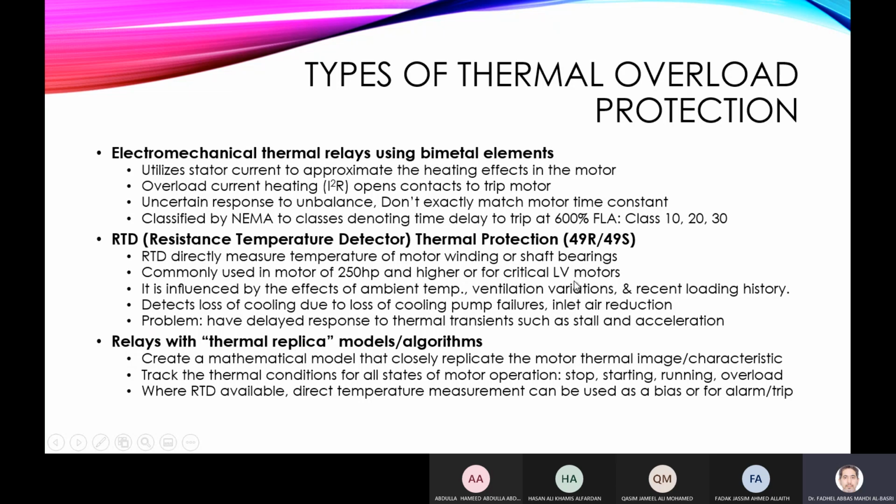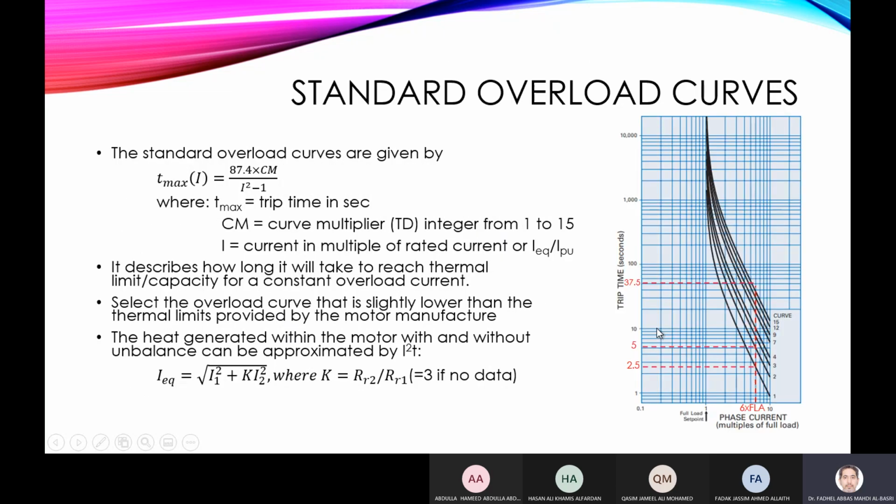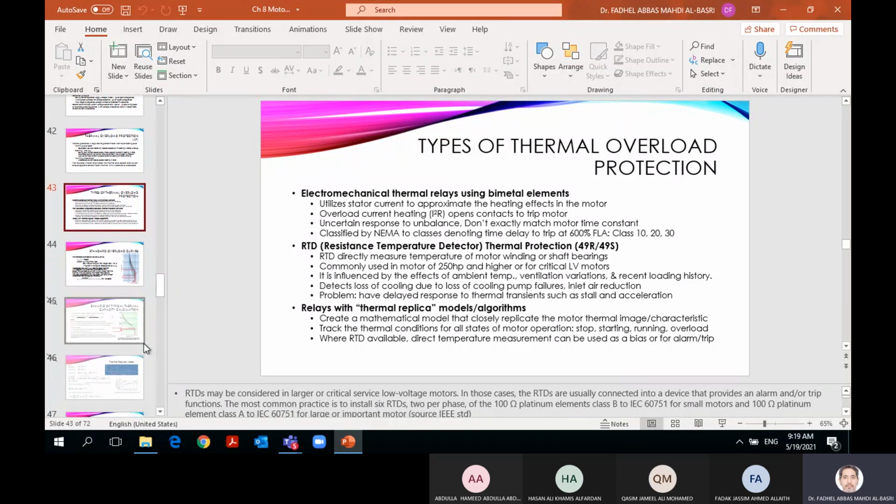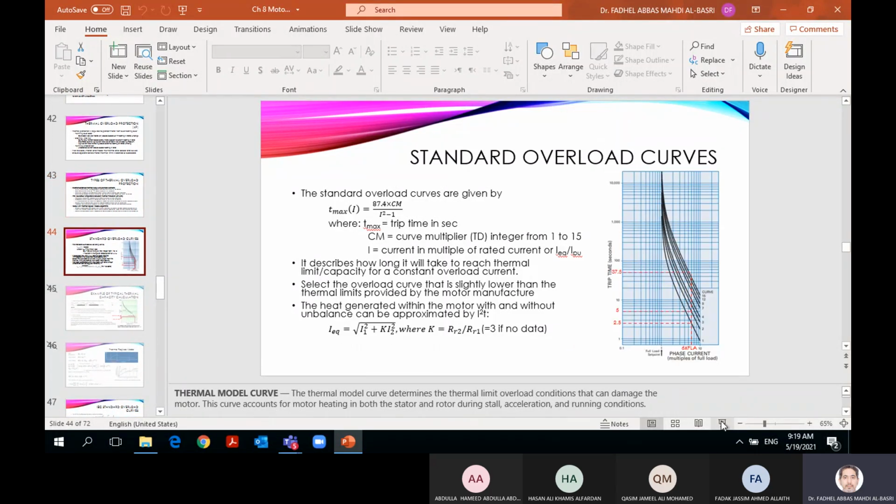We model the motor thermal limit as a function of current. Okay, so this is like modeling. I'll show you, inshallah, one slide that shows this.